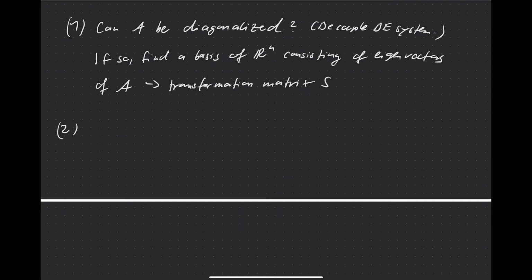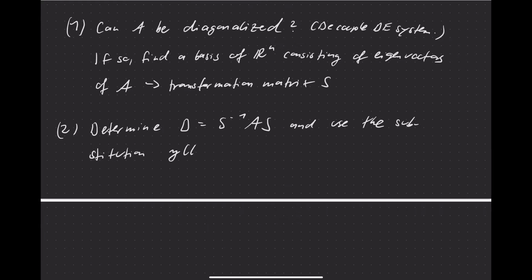Step 2. If we have the transformation matrix S, then of course we can determine the corresponding diagonal matrix. So determine D as S to the minus 1 A S. And use the substitution. We've seen that one already. Substitution is y of t equals S times z of t.